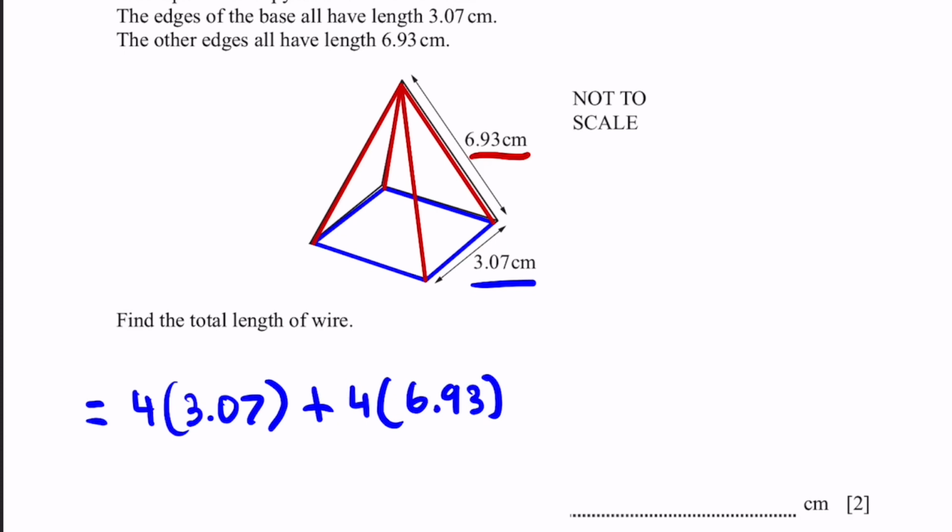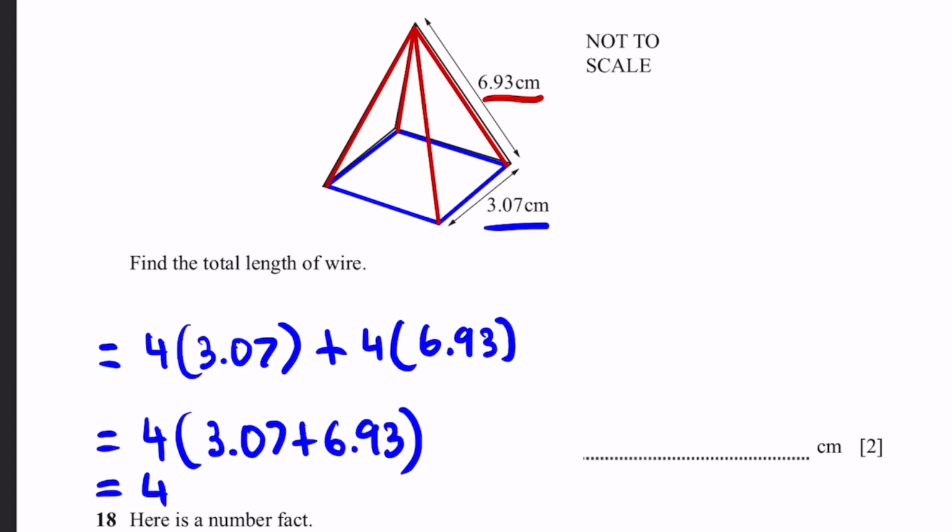Using the laws of multiplication, we can combine this into 1 by saying this as 4 multiplied by 3.07 plus 6.93, which is equal to 4 multiplied by 10. And 4 into 10 is equal to 40.